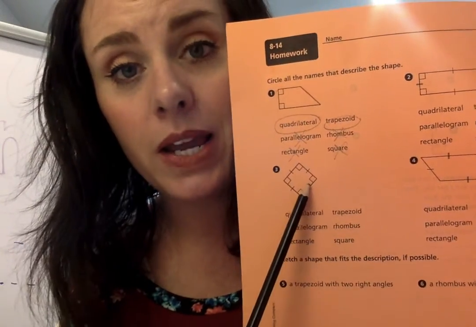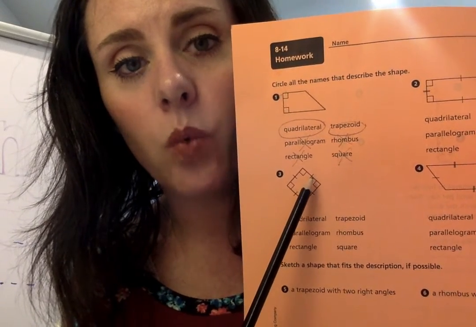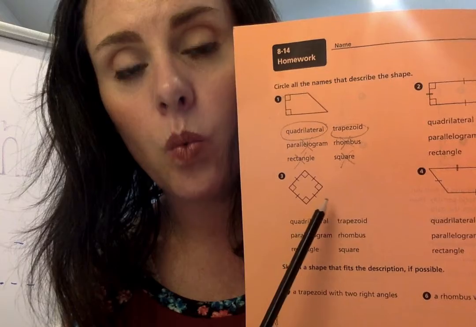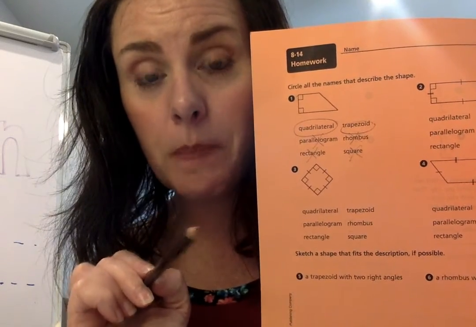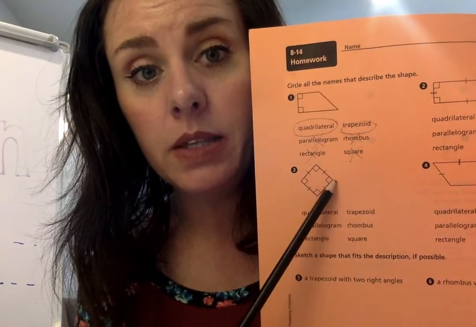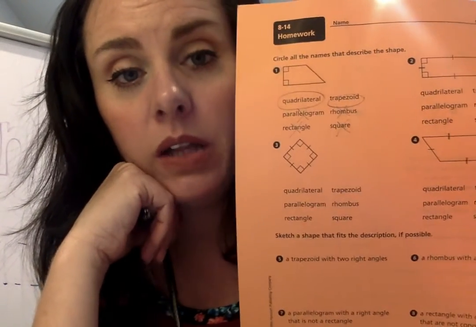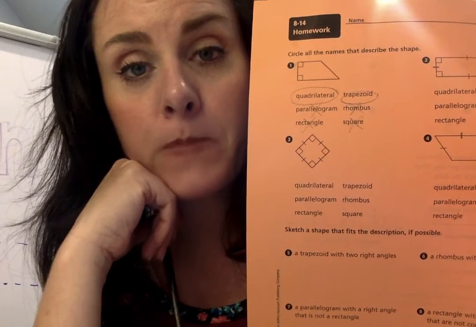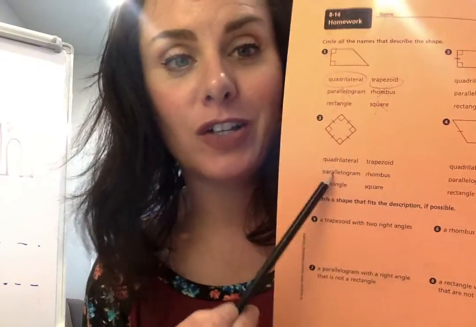Now this one right here is telling me, because all of these just have one line, that all of those are equal to each other. This line is equal to this line, but this line is also equal to this line and this line. So all of those lines are congruent. They are all equal in length. So what shape does that make? You're going to circle them down here.